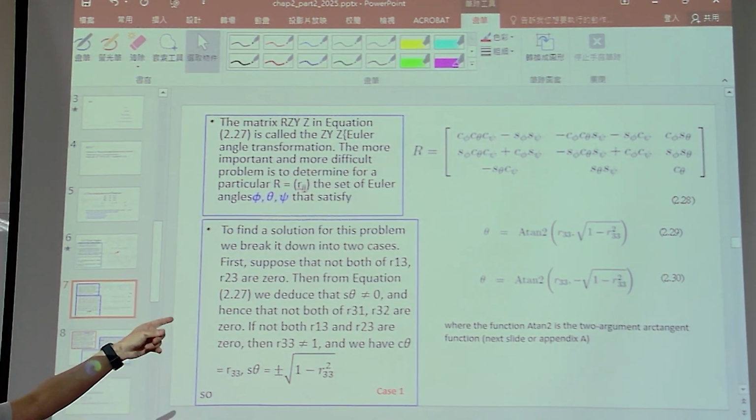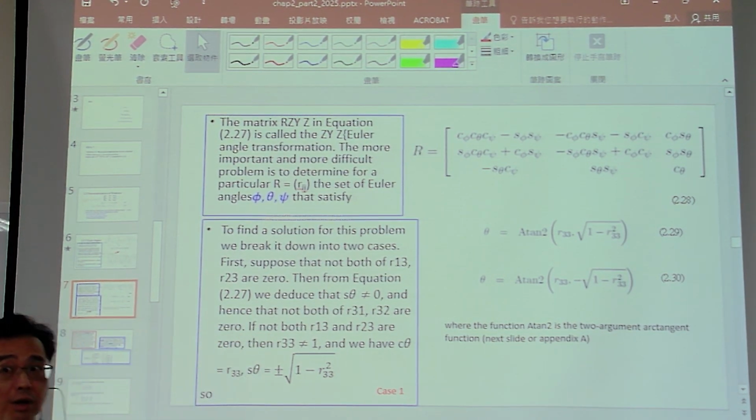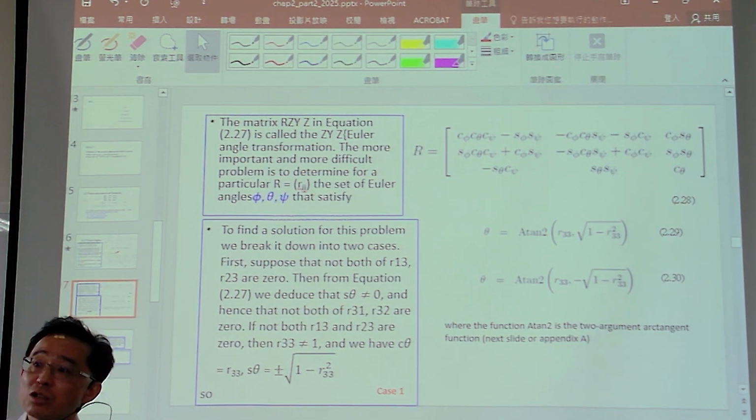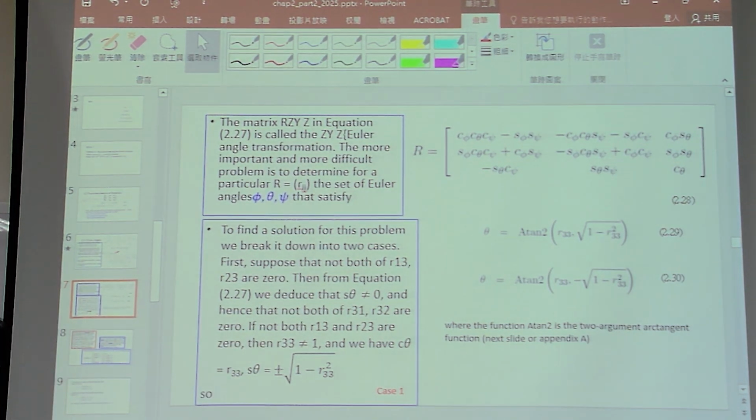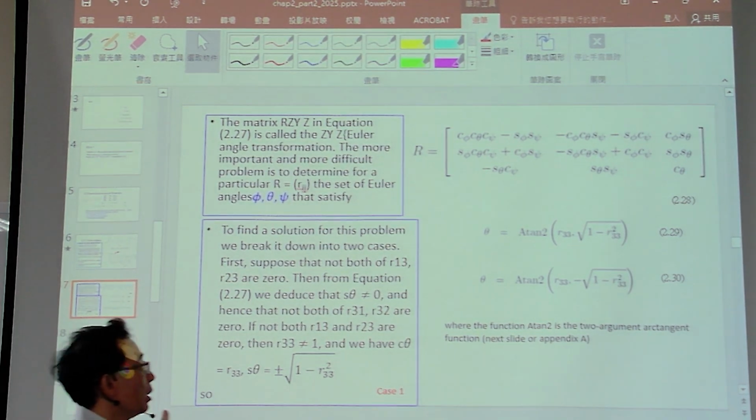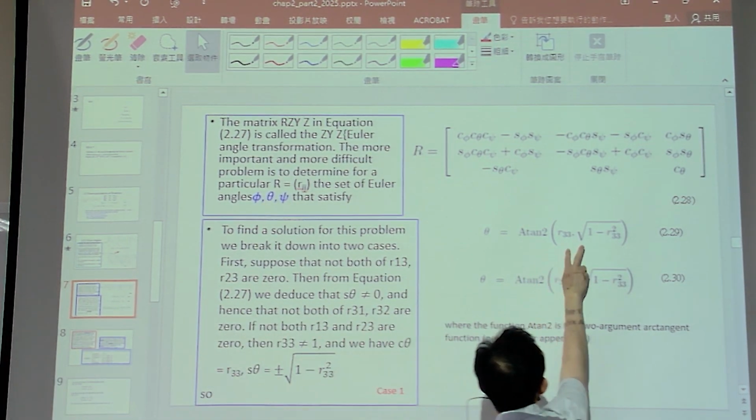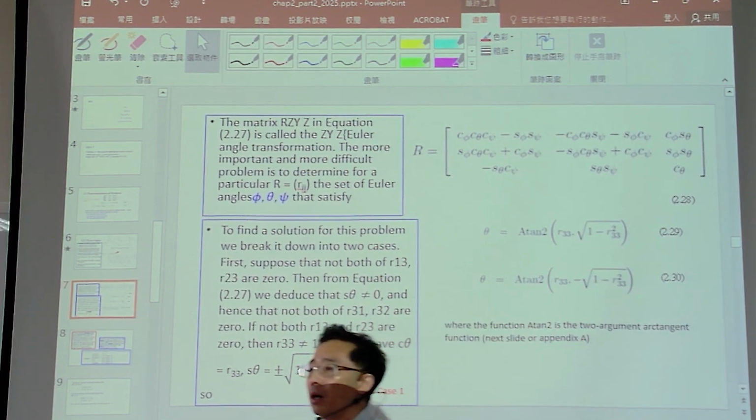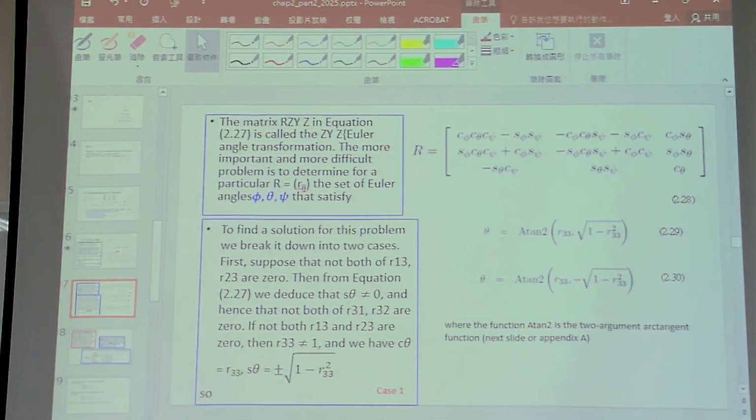And once you have R33, you can come out with theta already. Atan2 is a function in MATLAB, but its arguments are inverted relative to this book. I already checked. So in our MATLAB, we need to reverse these two inputs. Then you can find exactly the same answer.